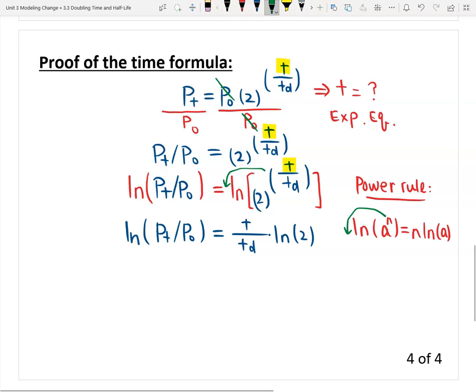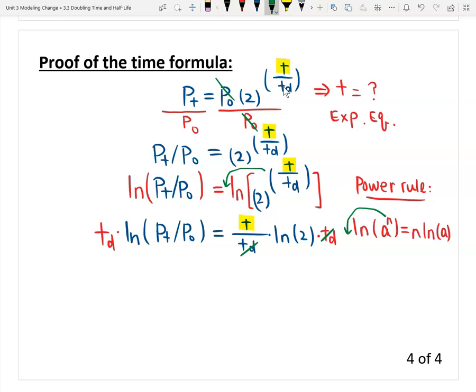Now, again, let me highlight the variable t we need to solve. How do we do it? I can simplify a little by cross multiplying: I multiply the denominator TD to the right and to the left, and we can simplify this by canceling.